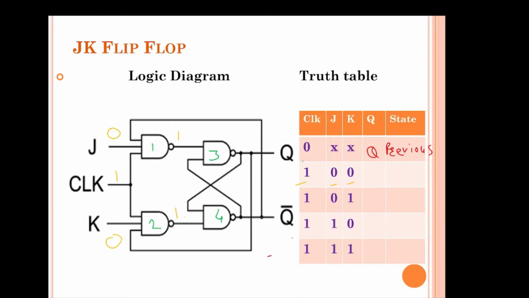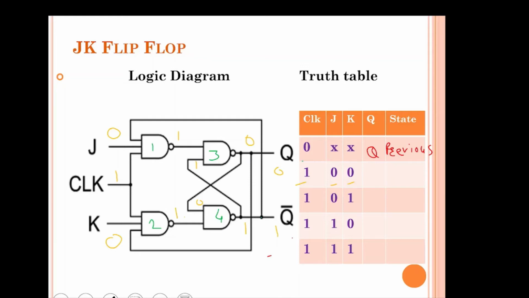Then if you assume that the previous state is 0, 1, then this 0 will go here, this will generate 1, then this 1 goes here, this will generate 0. Means the output will remain in the same state. If it is 0, 1, it will remain in the 0, 1 state. If it is 1, 0, then also it will remain in the same state.